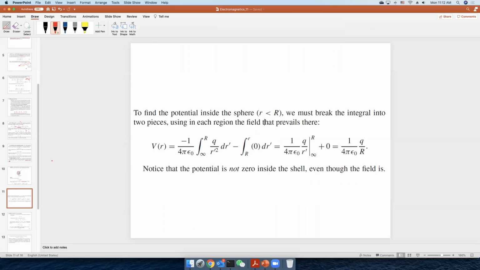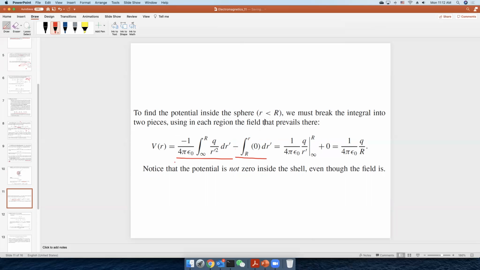Now let's find the potential inside. When it's inside, we must break the integral into two pieces. One is from infinity to the surface, and then from the surface to the inside point. First, from infinity to capital R, the surface. Second, from the surface to r, which is inside the sphere.